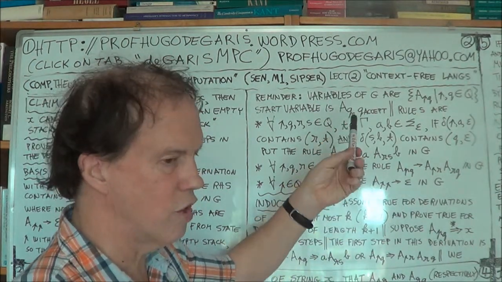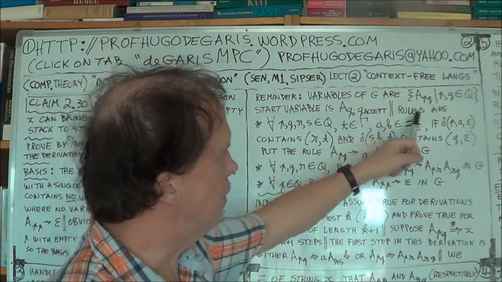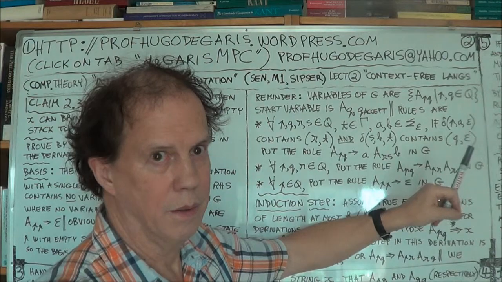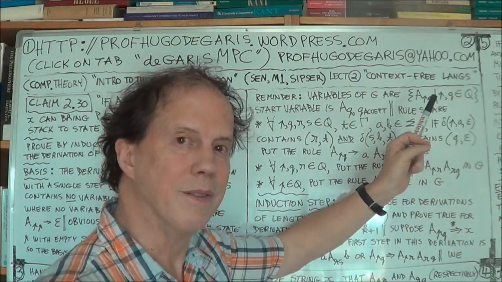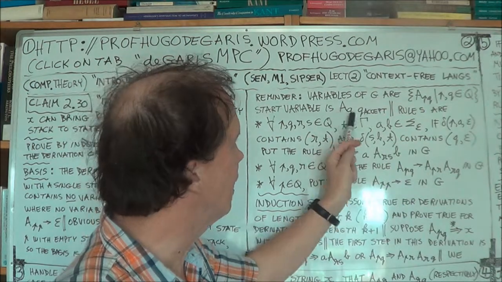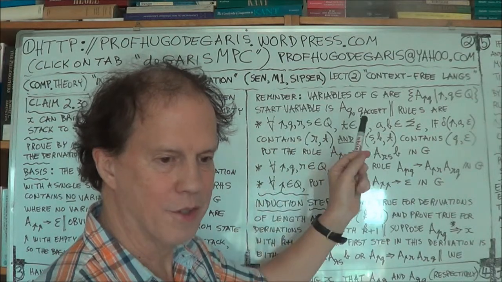All those strings x that start in that state and end in that state for the machine. That's the language of the machine, because it's the full x, not the substring, the whole string.